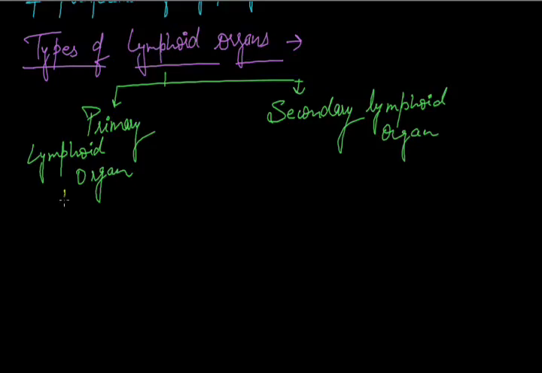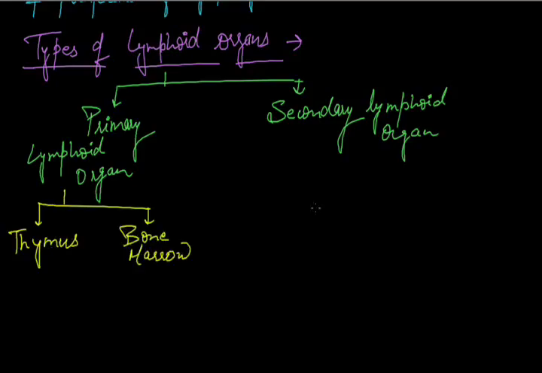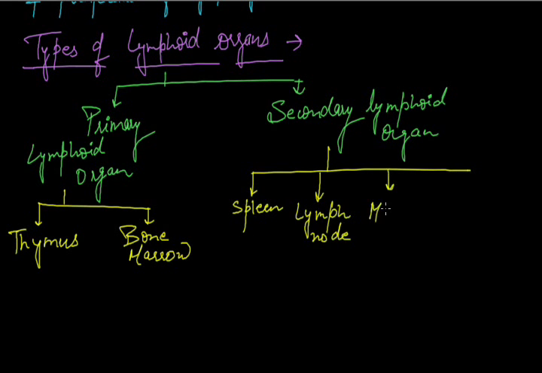In the primary lymphoid organ, we'll mainly study thymus and bone marrow, while the secondary lymphoid organ consists of spleen, lymph node, MALT, which is mucosa associated lymphoid tissue, tonsils and Peyer's patches.